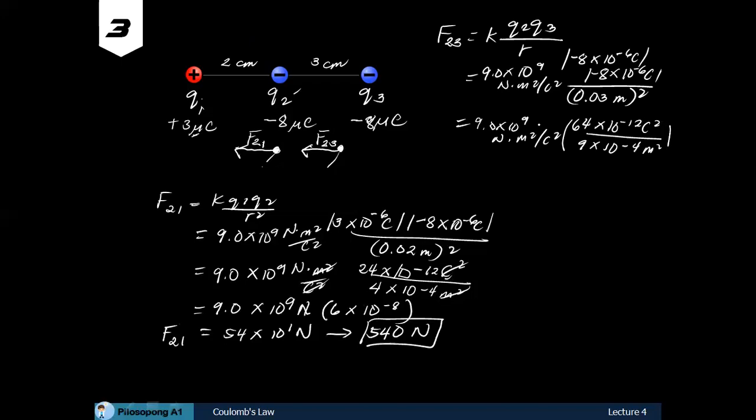We cancel this out again, and we get 9.0 times 10 raised to 9, and this value is 7.11 times 10 raised to negative 8. And we just need to multiply it.